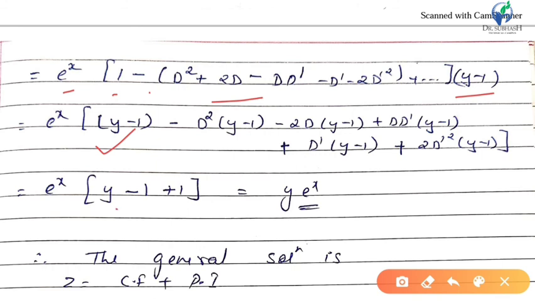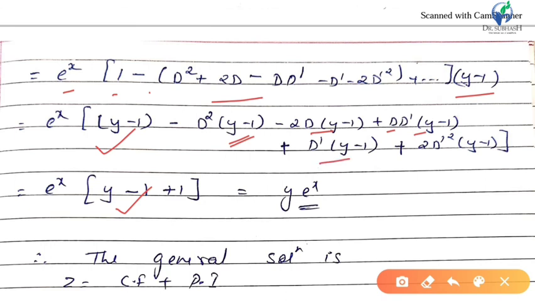y minus 1 will be as it is. Now differentiation of this with respect to x 2 times will become 0. Here differentiating with respect to x will become 0. Same way, when I differentiate this with respect to x one time, I will get 0.